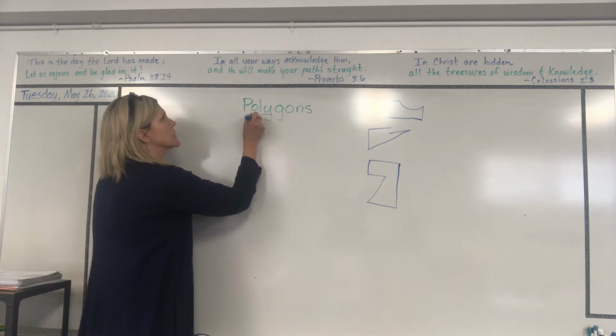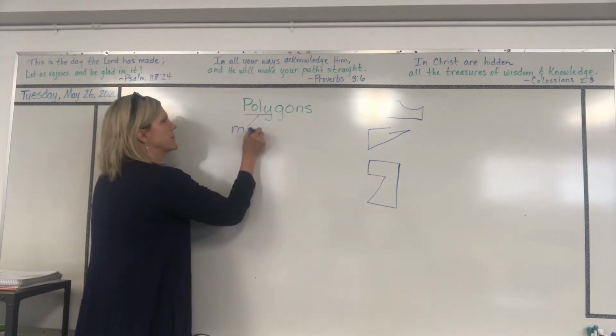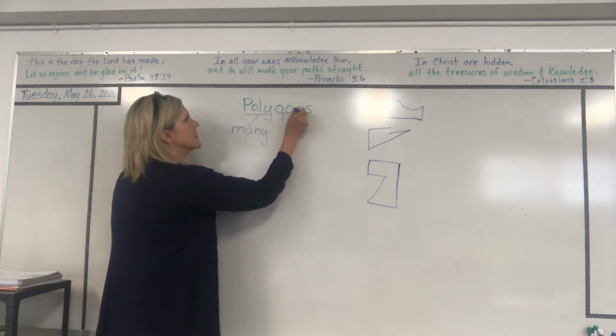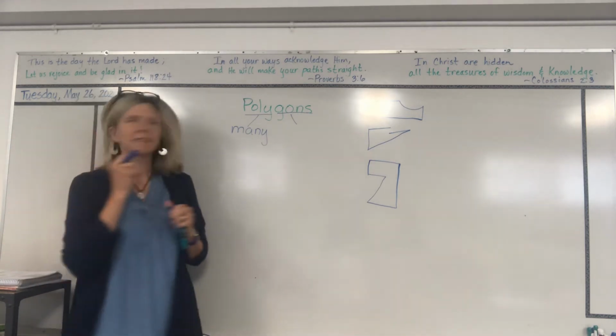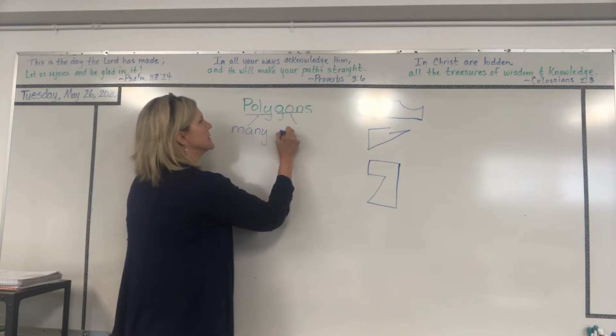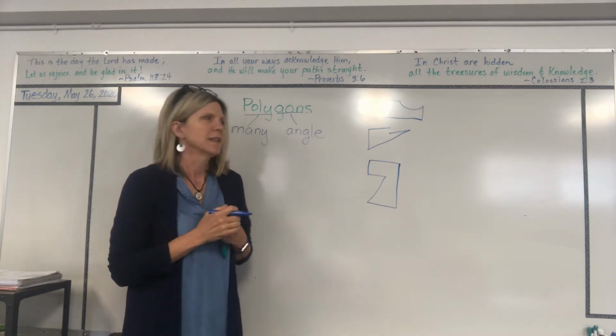So I'm just going to underline that and draw a little arrow and it means many. And what do you think gons means? Gons actually comes from a word, not gons, but gone. Gone means angle. Do you know what an angle is? Of course you do.